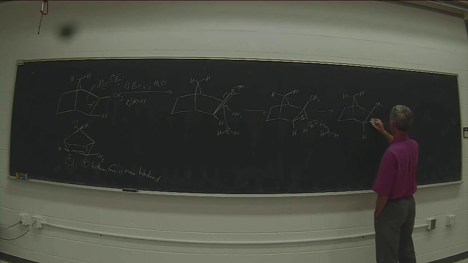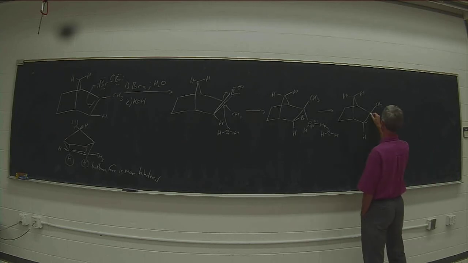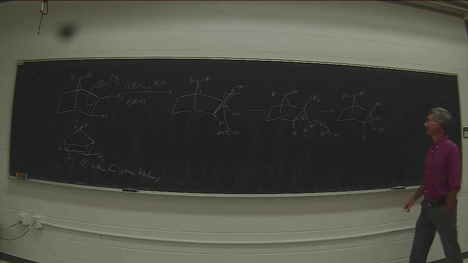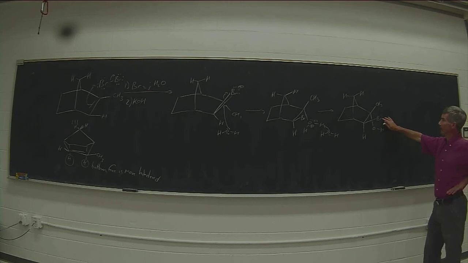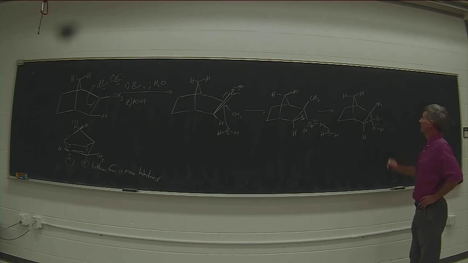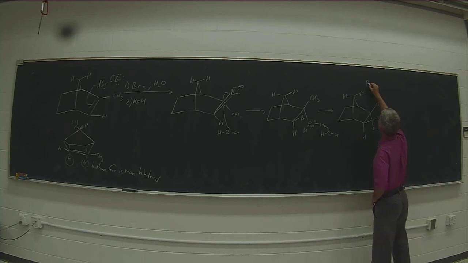And let me redraw that so that it looks more like it's in the axial position. And our bromine is in the equatorial position. So our electrophile ended up at the less substituted end of the double bond, and it ended up at the less sterically hindered face. And bromine was the electrophile.